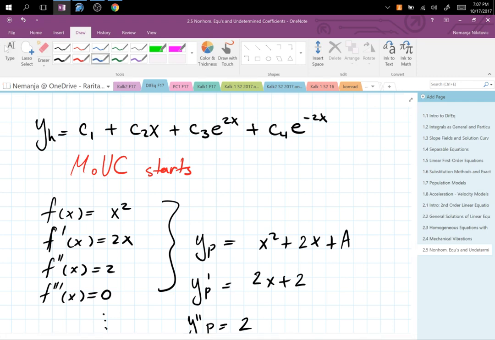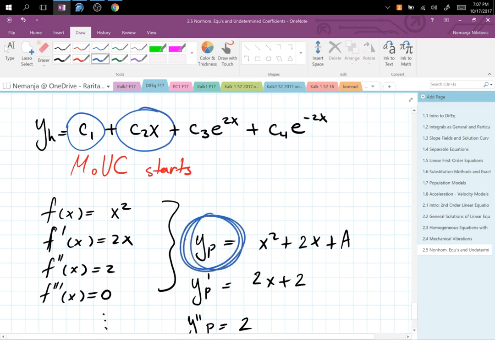Look at this. I'm trying to figure out what is going on. Look, guys. See? They're repeated. We have to bump x's up for these guys. You know when you have repeated solutions that you have to multiply by x, right? Yes. So I did that in the YH, but then they repeated again in YP.